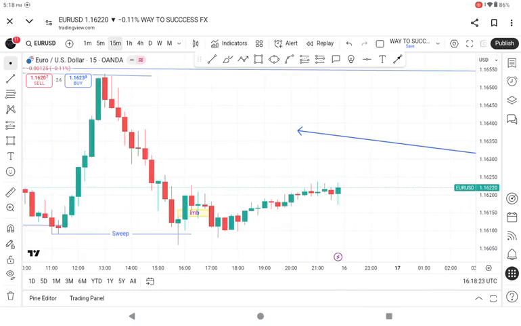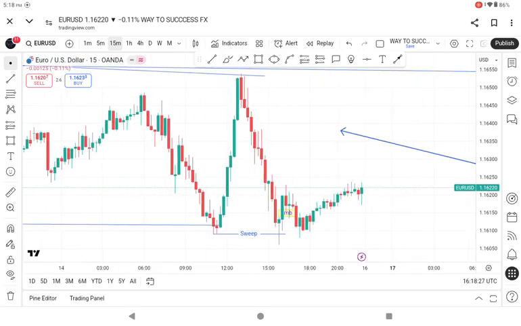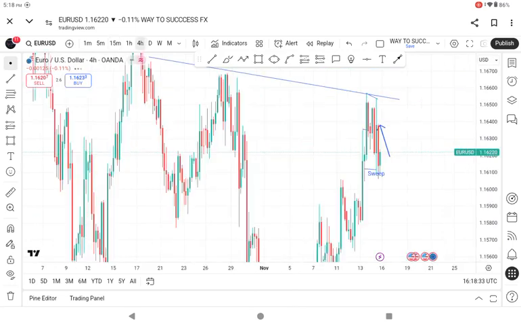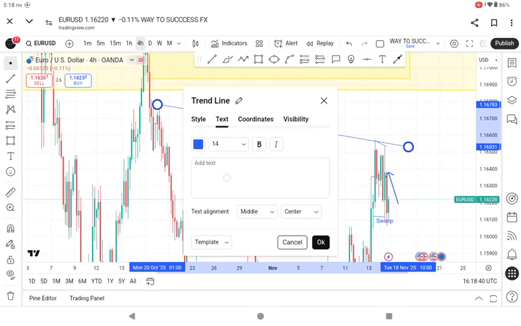I'm holding this position before the market closes. So let's see how it goes. If it goes, my target will be on this high, and my main target is going to be this H4 liquidity sitting here.